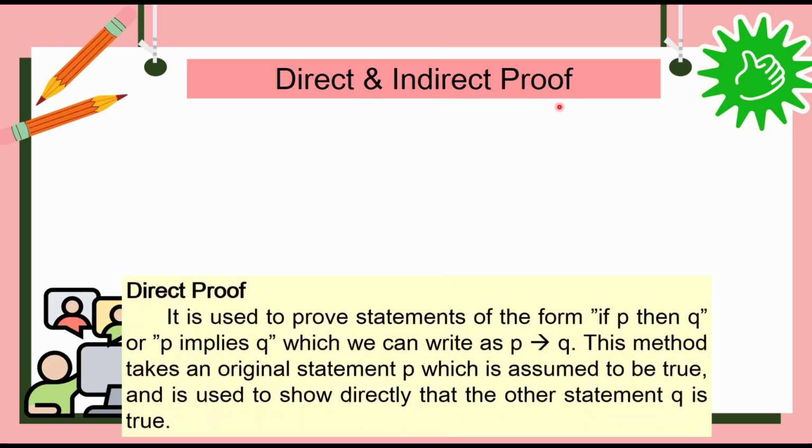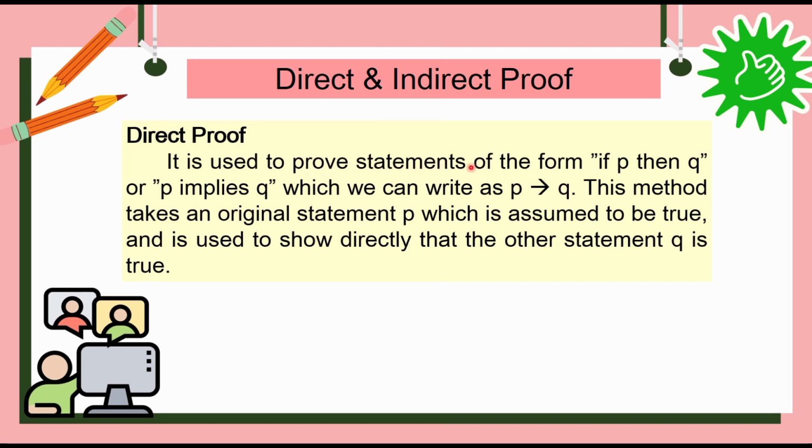It is used to prove statements of the form if P then Q, or P implies Q, which we can write as P implies Q. Okay, so this is a one-sided arrow which we can read as implies. This method takes an original statement P, which is assumed to be true, and is used to show directly that the other statement Q is true.